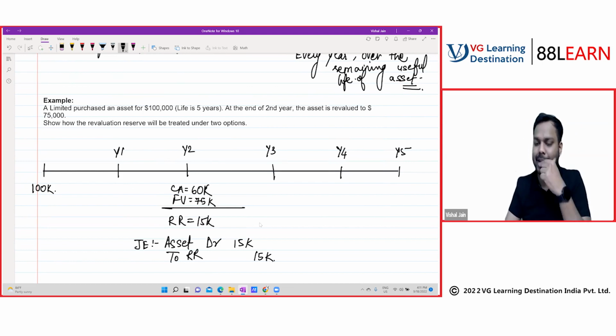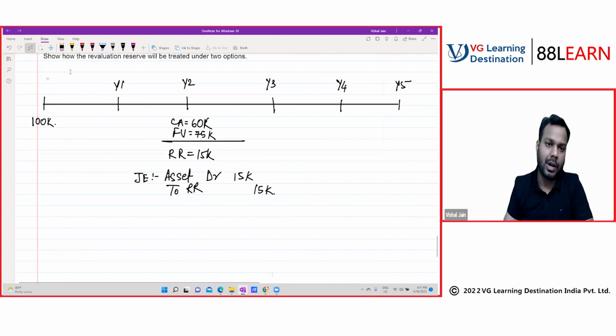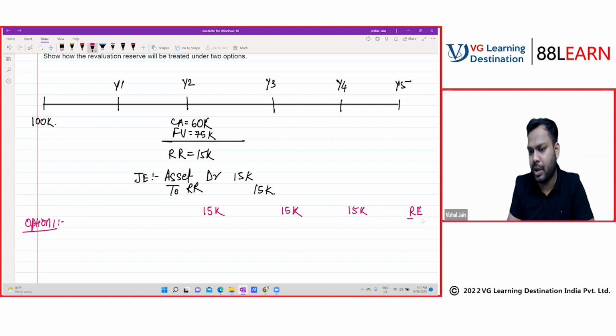Now, let us understand the treatment of revaluation reserve. Treatment under option number 1. Revaluation reserve is 15K here, and it will be transferred to retained earnings at the time of disposal of the asset. Option number 2.